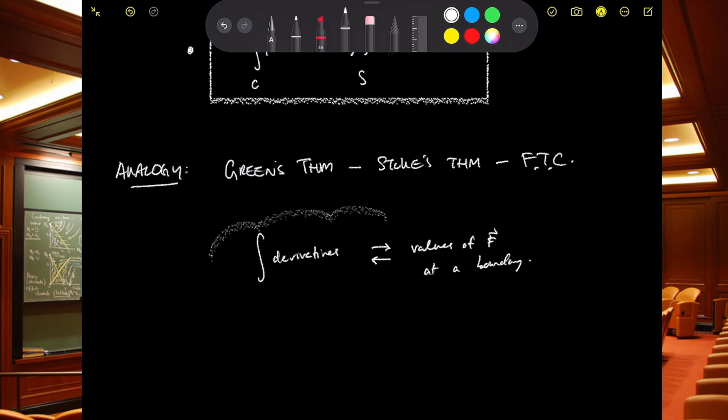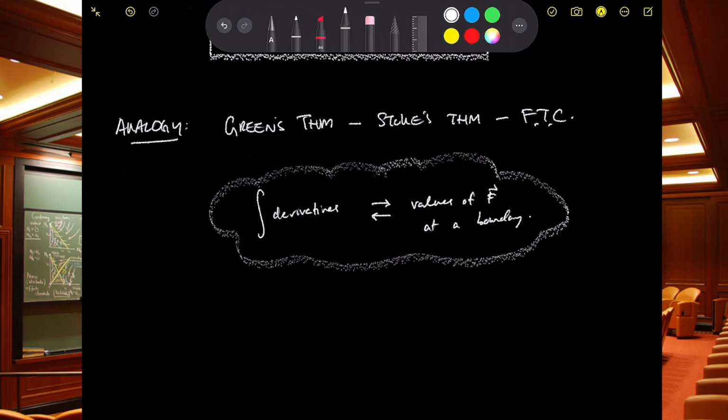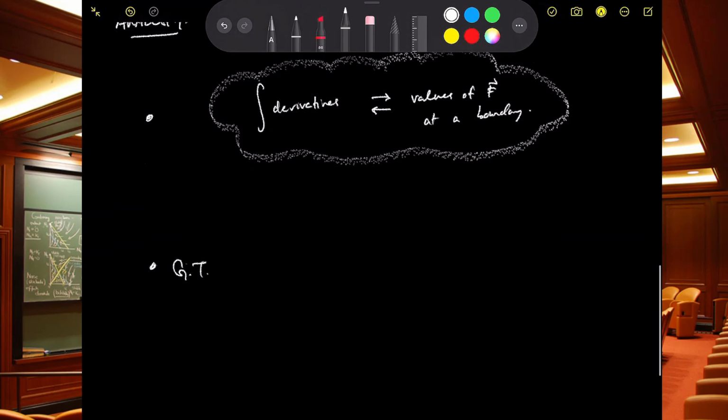If you think of all the different statements of these theorems, this is kind of the theme between them all. If we add up all the change, it tells us something about the values at the boundary, and vice versa. If we have the values at the boundary, it tells us about the sum of all the changes. So another nice connection here is that Green's theorem is actually a special case of Stokes' theorem.